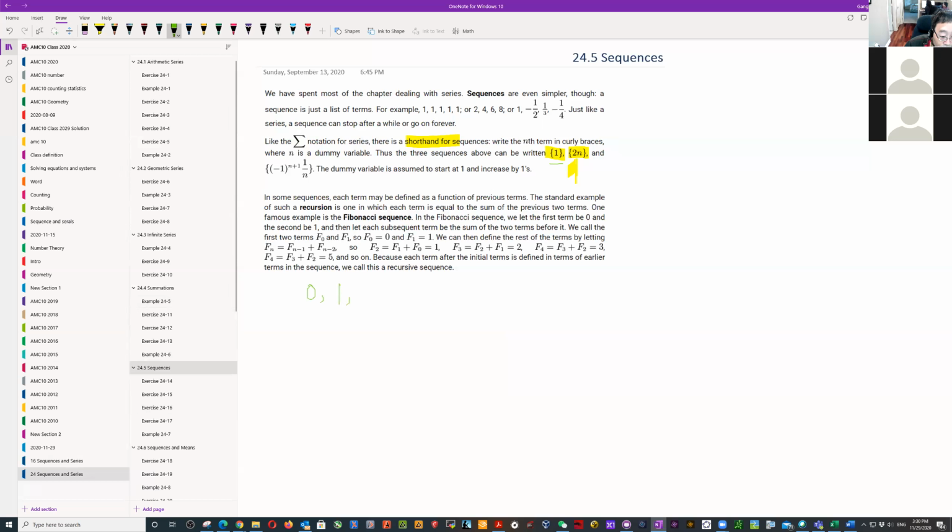So 0 plus 1, we get 1. So F2 equals 1. Then F3 is 1 plus 1 equals 2. And 1 plus 2 equals 3, so F4 equals 3. Then 2 plus 3 equals 5, so it's F5. It's just going on and on like this.